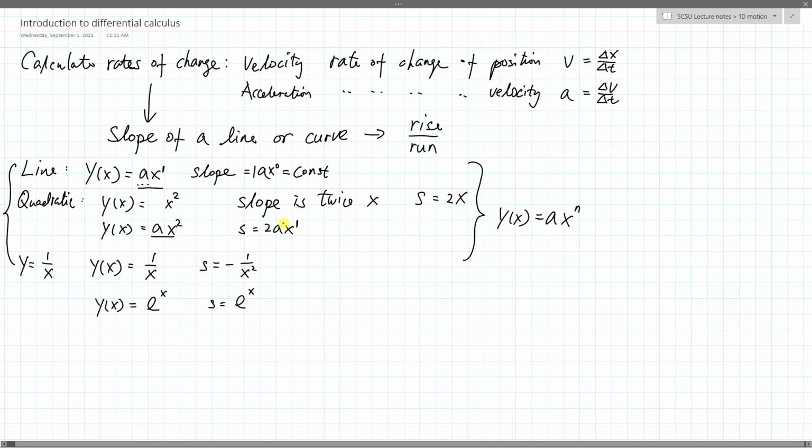So we're basically doing several things to get slope from a polynomial term. One thing is the factor in the front will be included as part of the slope's factor. And then the next thing, the power of that polynomial becomes a factor that is multiplied into the existing factor.